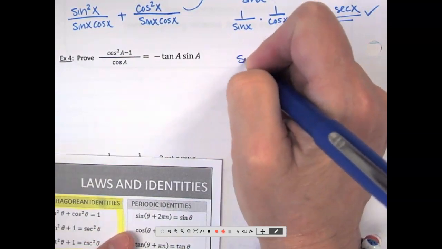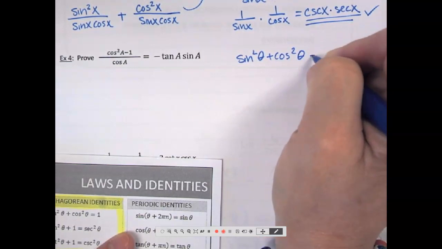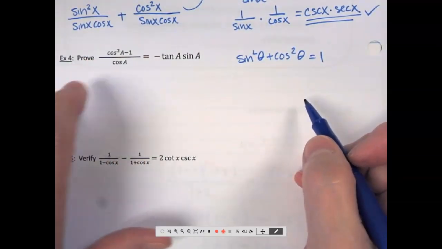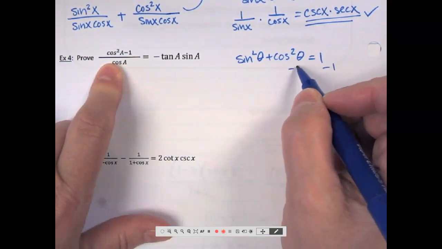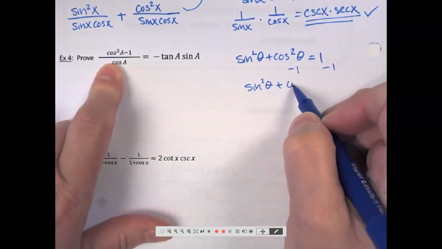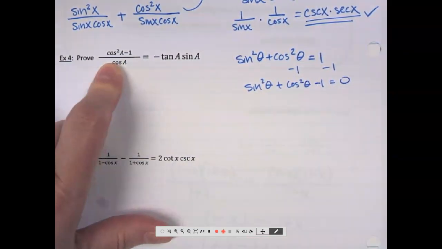Okay, so I have sine squared plus cosine squared equals 1. That is my first main Pythagorean identity. But I have cosine squared minus 1. Okay, so let's subtract 1. Now I have sine squared plus cosine squared minus 1 equals 0.